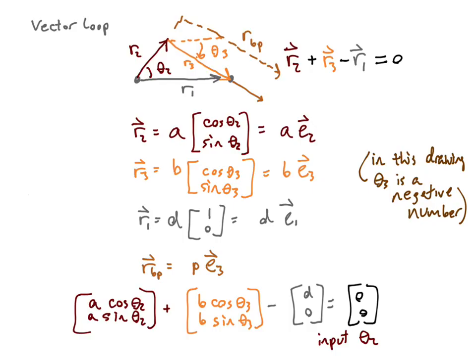Theta 3, that angle for B, is also unknown, but then D is a known value. So that gives us two variables as a result of our input theta 2. And that means that we have two equations, two unknowns, and it should be a solvable system to find. So let's go ahead and solve this system.